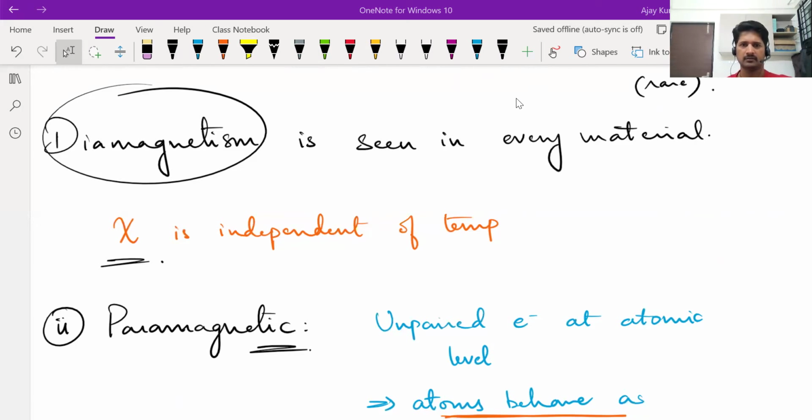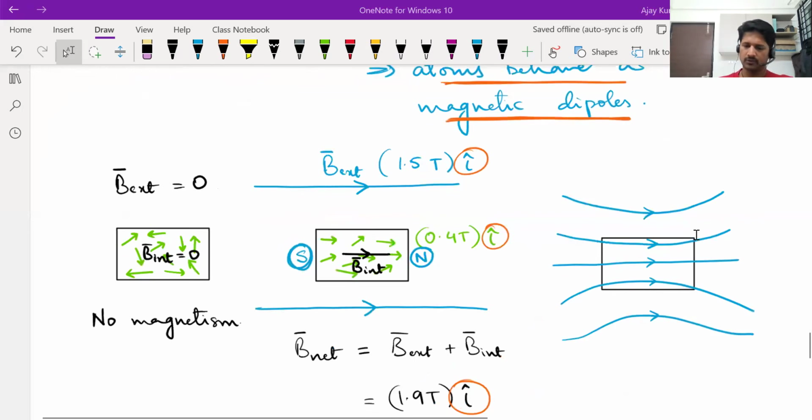In diamagnetic, there are paired electrons. In paramagnetic, there is one lone electron. In diamagnetic, all electrons are paired, so the atoms don't behave as dipoles on their own. In paramagnetic, there are some unpaired electrons at the atomic level itself, so atoms behave as dipoles. But normally, those dipoles will be aligned in random orientation.